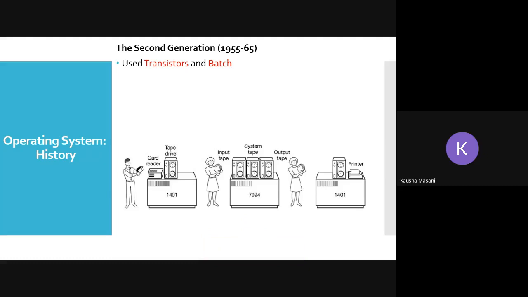And once that output tape is ready, it used to go back to that 1401, one more system, where it used to print all the outputs. So this was the whole process of how those second generation computer systems were working using transistors and batch. Now what evolution, what improvisations did we make in comparison to the first generation?